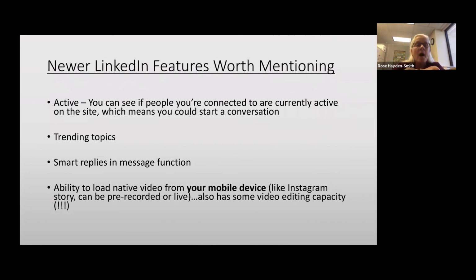And I've started to use it more, and the more I use it, the better the replies get as the AI feature gets to know me better. Again, there's also this ability to load native video from your mobile device, like an Instagram story, but it can be pre-recorded or live. And it also has some video editing capacity.